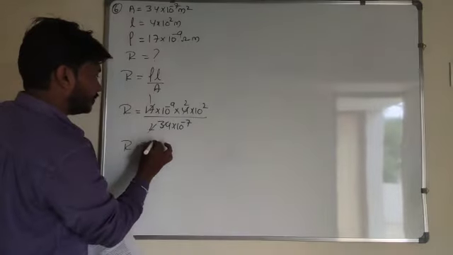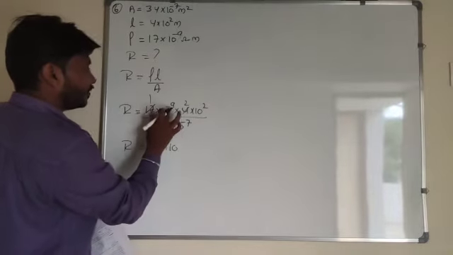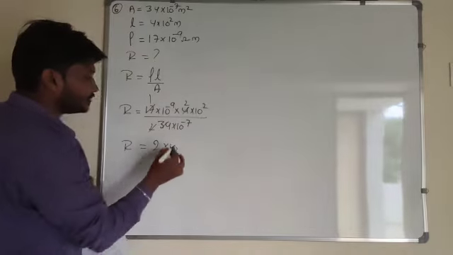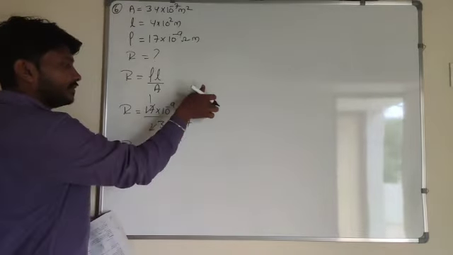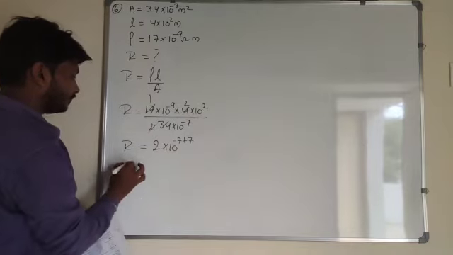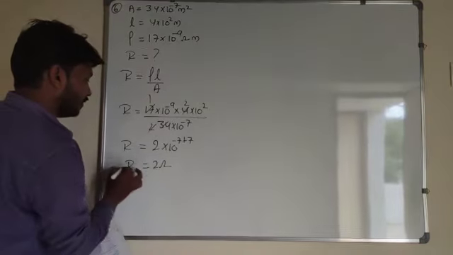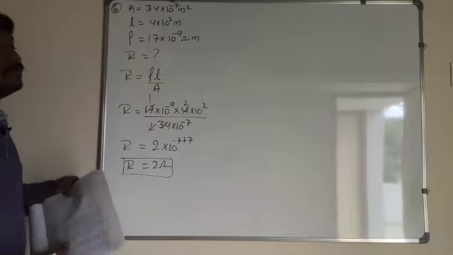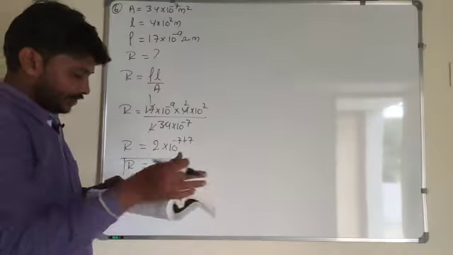So R is equal to 2 into 10 to the power of minus 9 plus 2, so that is minus 7. Minus 7 in the denominator, so if it goes to the numerator, plus 7. So resistance of the wire will be 2 ohm here. So we'll look at the next one.